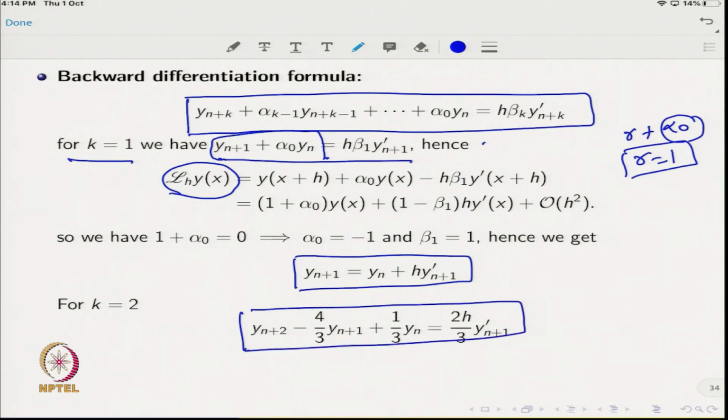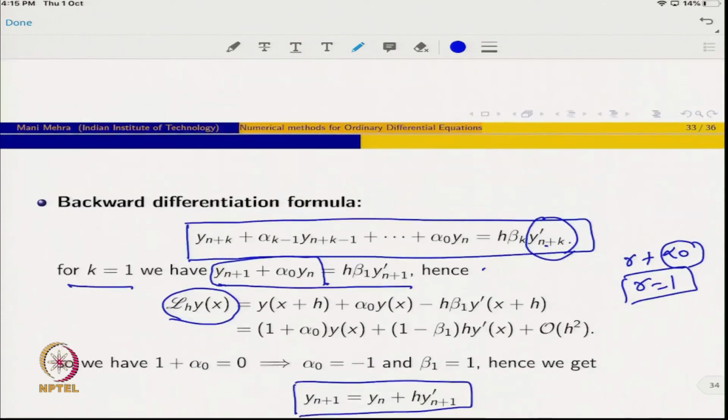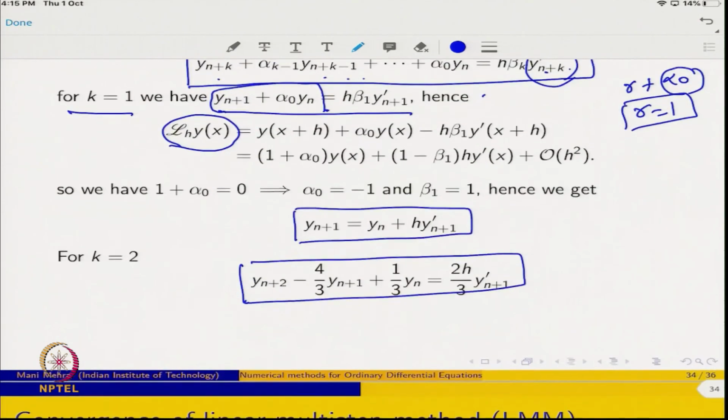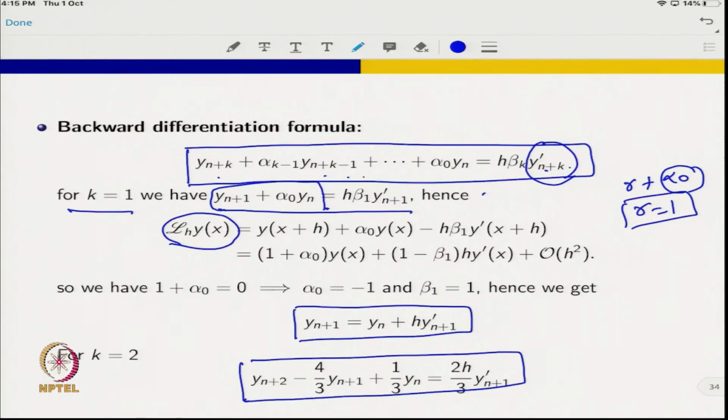So, basically in the backward differentiation formula we are using only the value of y dash at n plus k, we are not using the other values; that is the difference if you observe from the previous cases. While in the left hand side we involve y n plus k, y n plus k minus 1 and y n. So, that is a different template altogether.